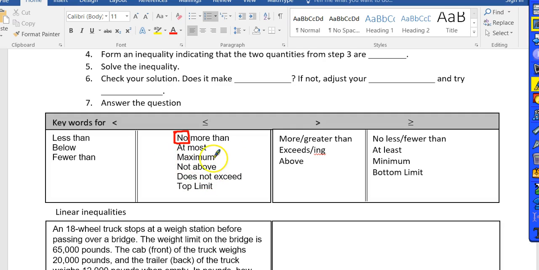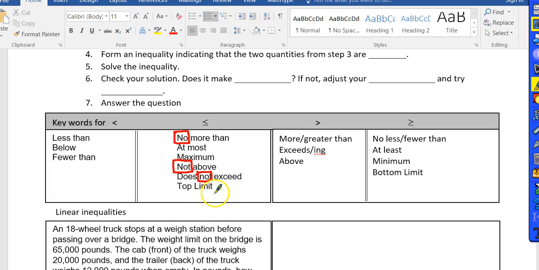Maximum is another term that tells you that you're looking for things that are less than or equal to. Not above. Well, the opposite of that is, I don't want above, I want below, or I want even. Exactly. Does not exceed.